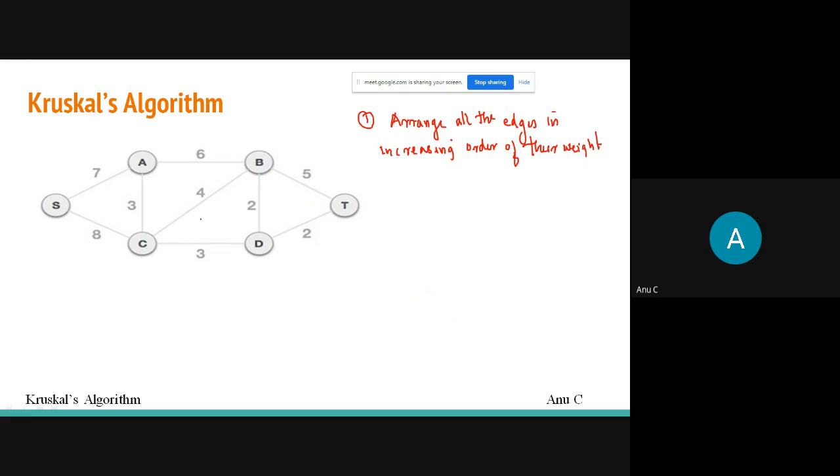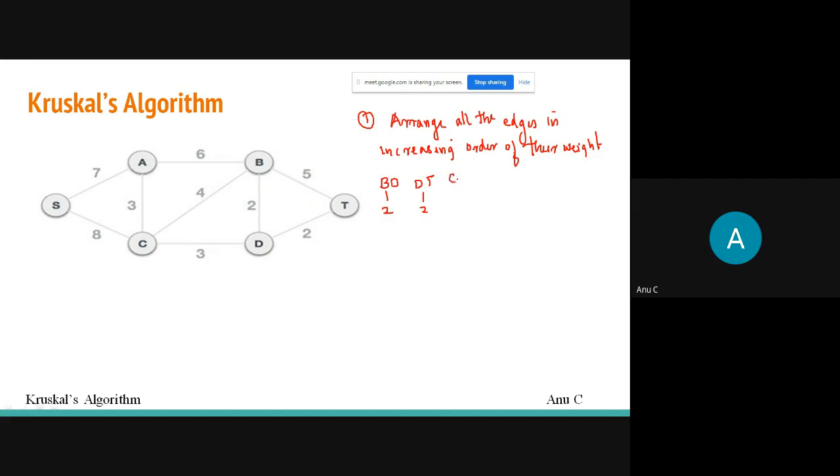Okay, and in this graph, which edges have minimum weight? BD and DT, right? So first write BD and DT, and their weights are 2, 2. We can write BD or DT first, it doesn't matter. The next minimum weight is CD and AC, right?